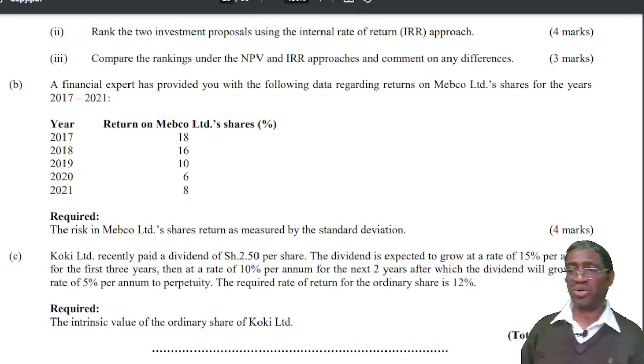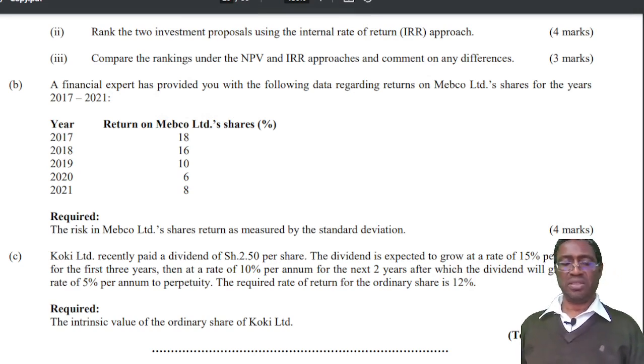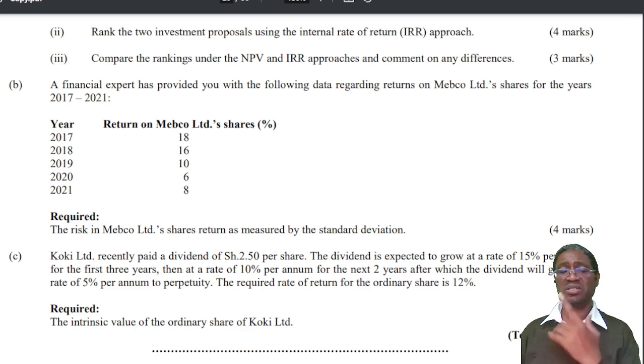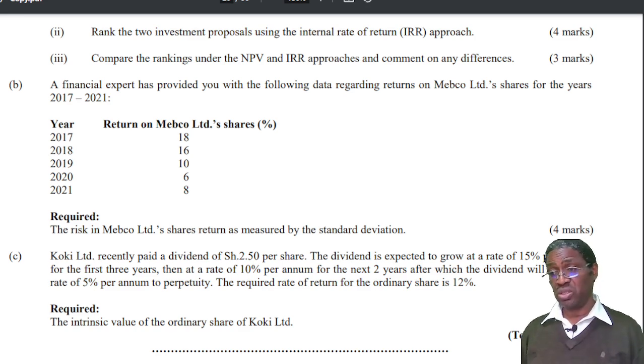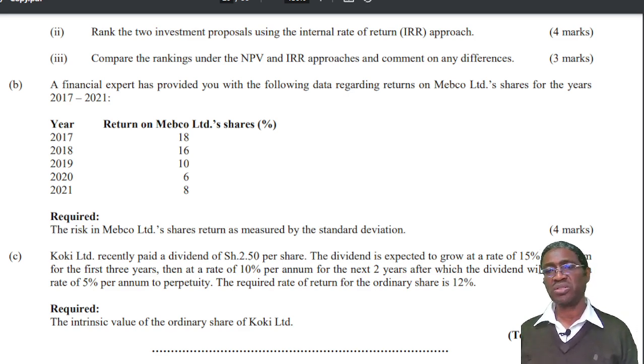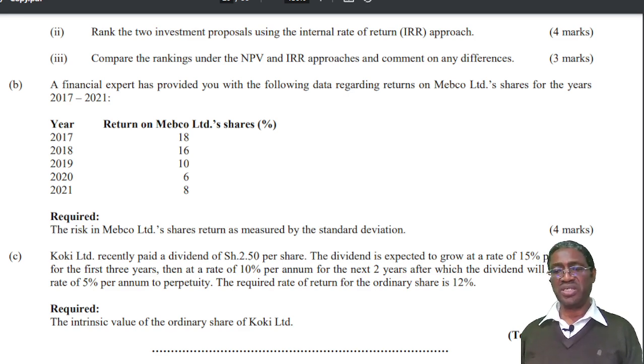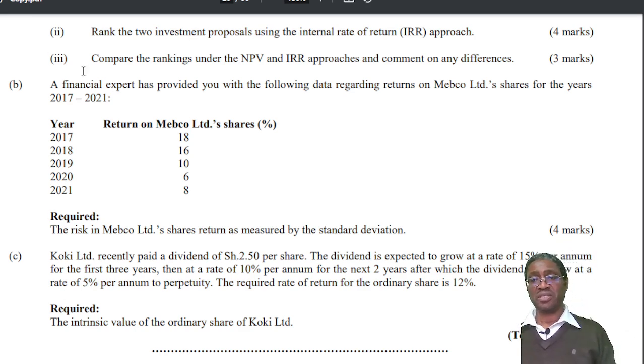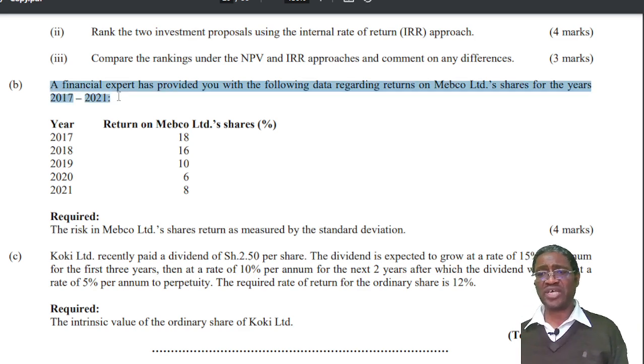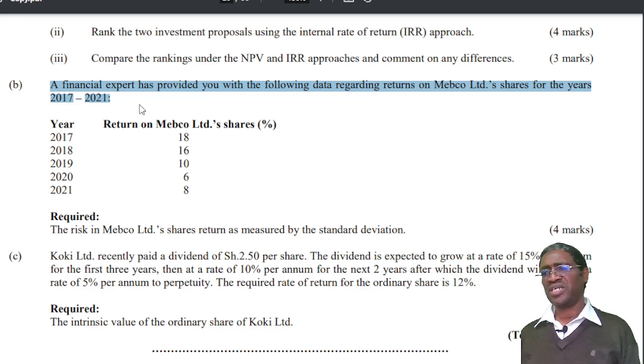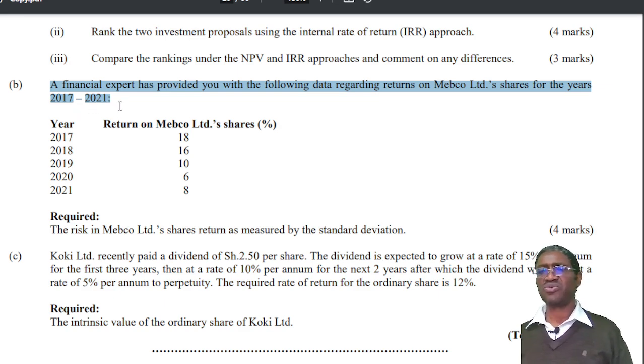That question B came in August 2022. I want to read it. It says, August 2022, question 5B. The financial expert has provided you with the following data regarding returns of company shares for the years 2017 to 2021.